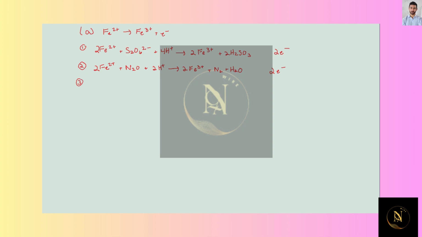In the final equation, I am oxidizing my Fe2 plus with VO2 plus. That reaction only involves 1 electron, so I don't need to multiply my iron reaction by anything. They both involve 1 electron.